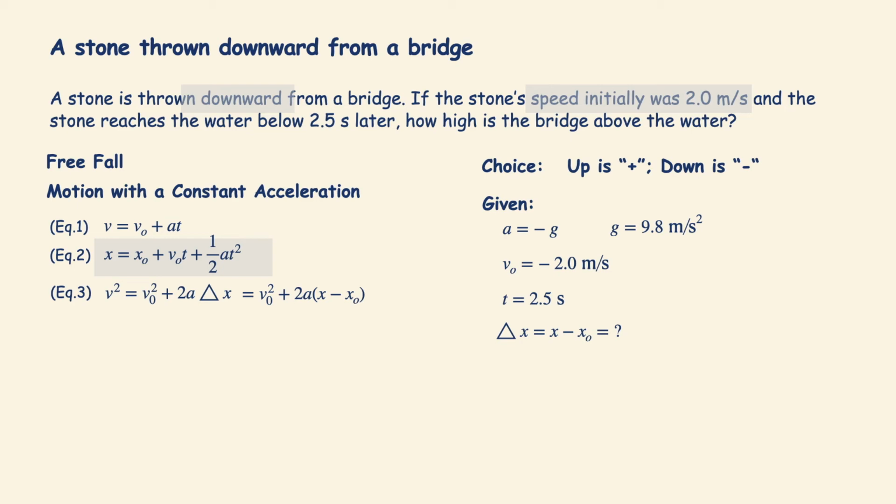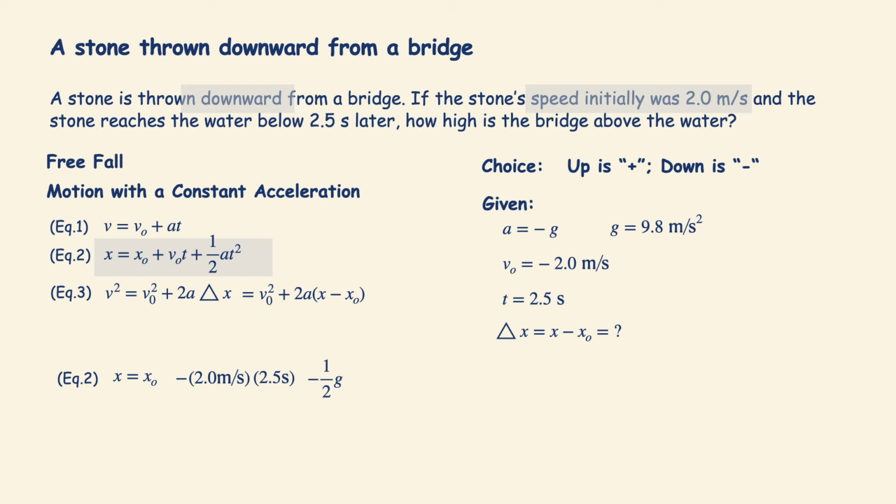If we plug in everything that is given, I have x equal to the initial position x naught plus the initial velocity, which is minus 2.0 meters per second, times t, which is 2.5 seconds. Then I'm going to have minus 1/2 g.